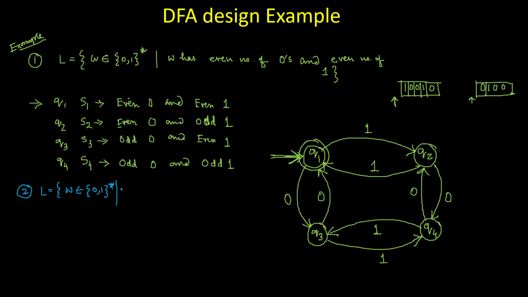Now here W is such that W does not have an even number of zeros and an even number of ones.